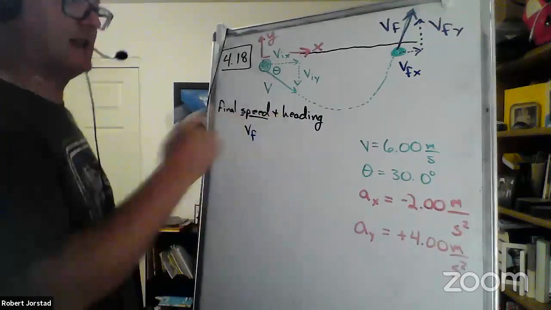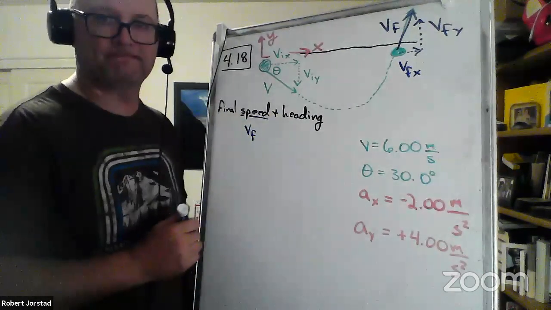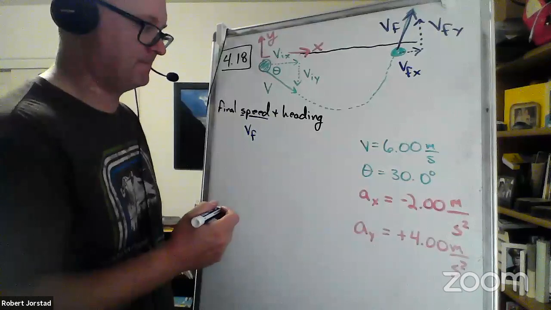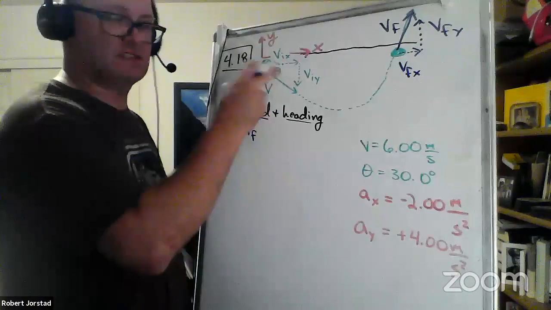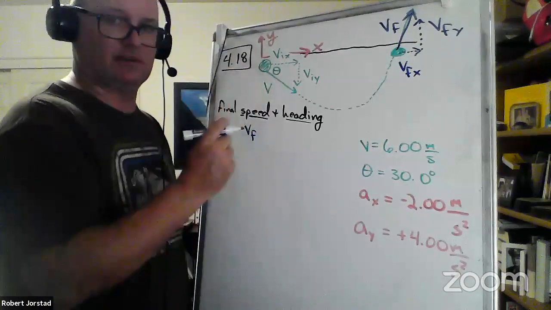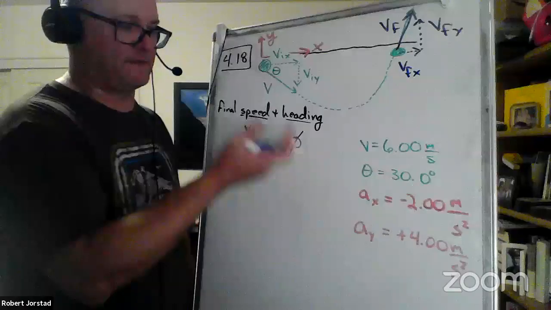And then what would the heading be? What's a good name for that heading or direction? Theta? We've already used theta for the launch angle. Theta final, okay, or phi. Yep, you're right. So I would call it phi.